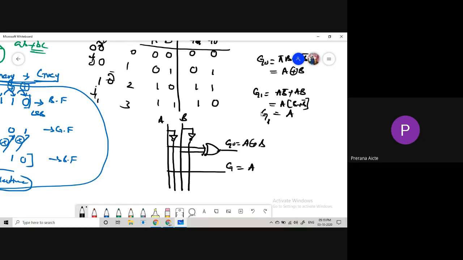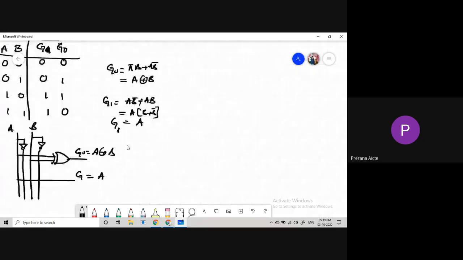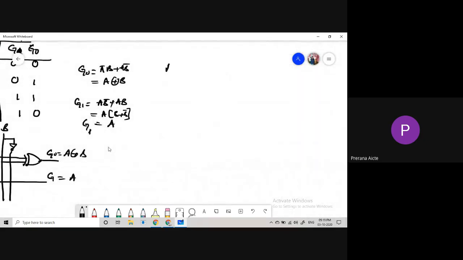So if I'm using 3 bits, ABC, the inputs are ABC. So 8 possibilities are there: 0, 0, 0; 0, 0, 1; 0, 1, 0; 0, 1, 1; 1, 0, 0; 1, 0, 1; 1, 1, 0; 1, 1, 1.